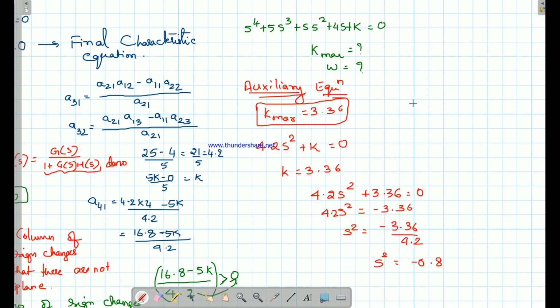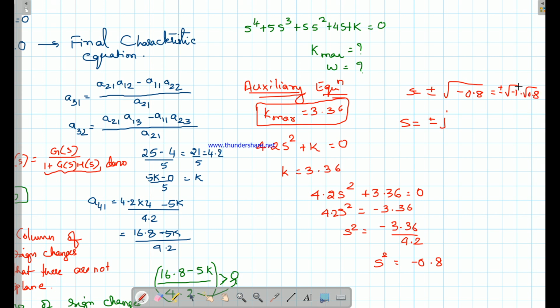So s will be equal to plus or minus j into, because s will be equal to plus or minus square root of minus 0.8, and this can be written as plus or minus square root of minus 1 into square root of 0.8.